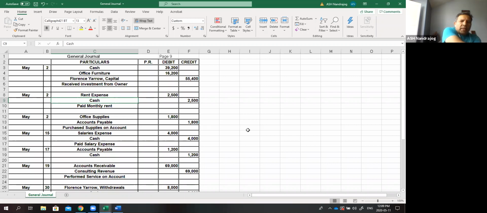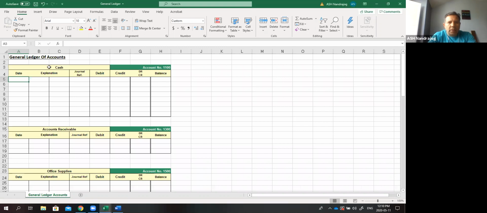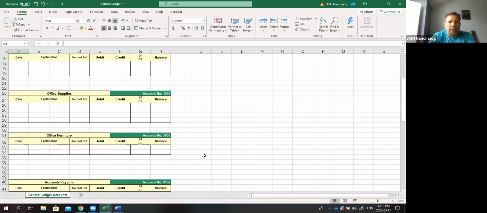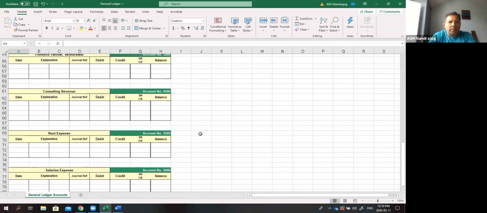I'm going to use an Excel sheet to write down those entries. So here is the ledger account. What we see is there is a special space for putting cash entries, and we have the account number 1100 for that. We have accounts receivable, account number 1300, office supplies as 1500, office furniture as 1800, accounts payable 2100, and so on and so forth.